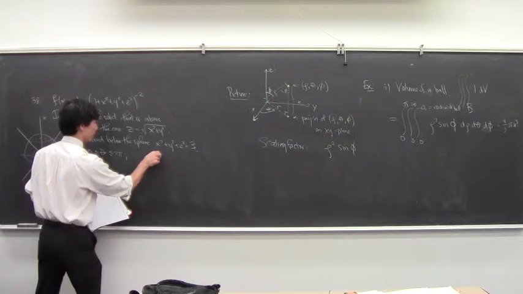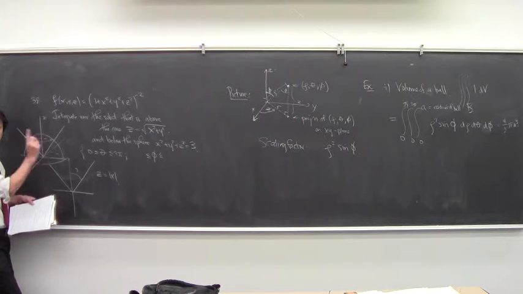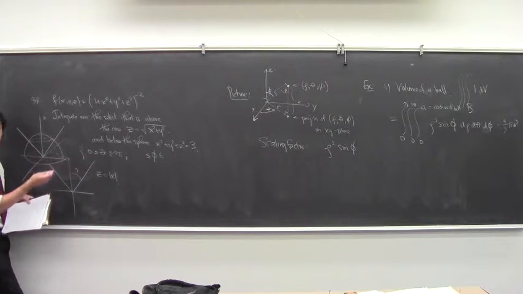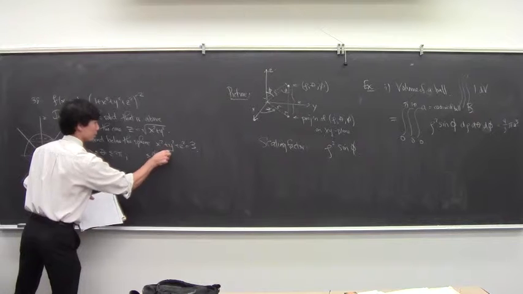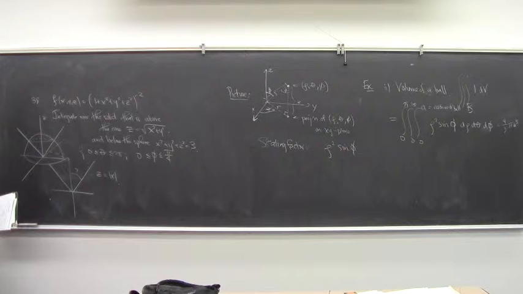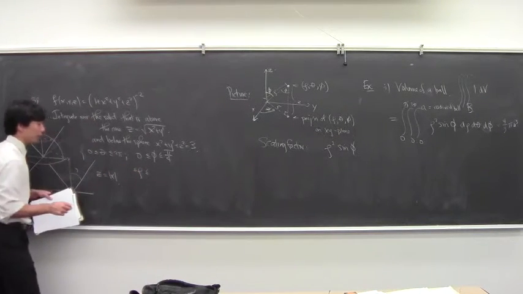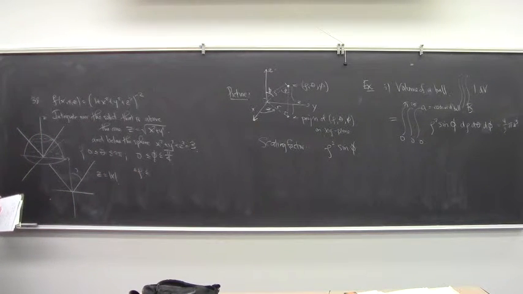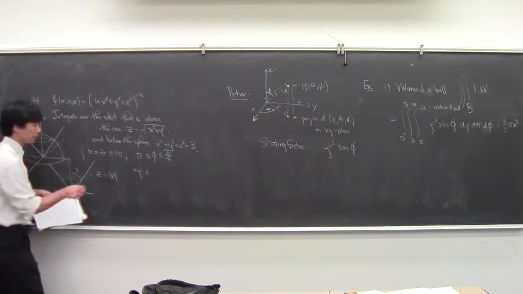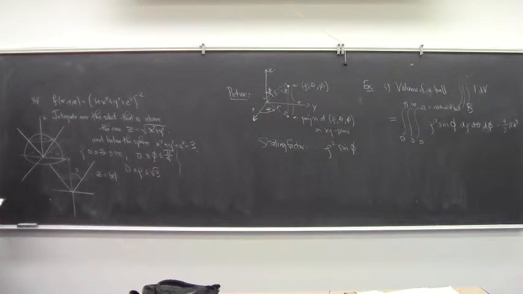The cone is this thing spun around the z-axis, so the angle throughout is going to be pi over 4. And then rho is going to be from where to where? 0 to root 3.